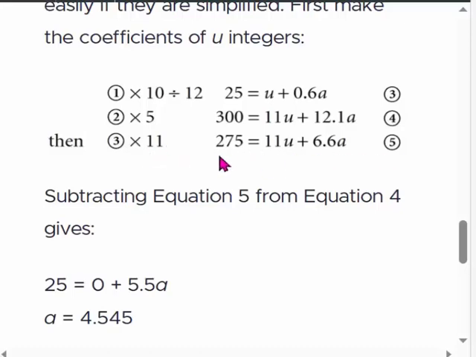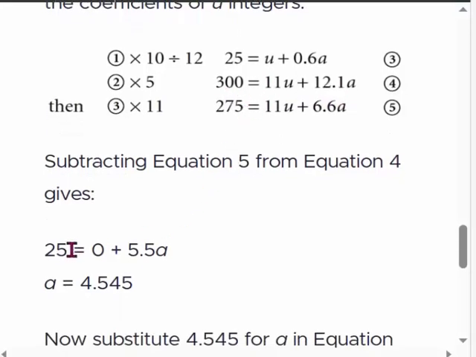Equation 5 gives 275 equals 11u plus 6.6a, and equation 4 is 300 equals 11u plus 12.1a. So 300 minus 275 is 25, 11u minus 11u is 0, and 12.1a minus 6.6a is 5.5a.